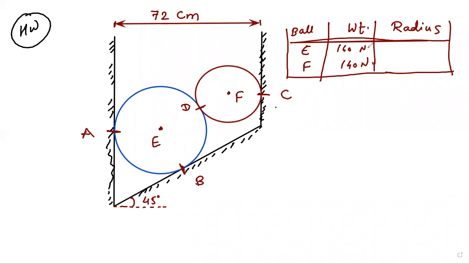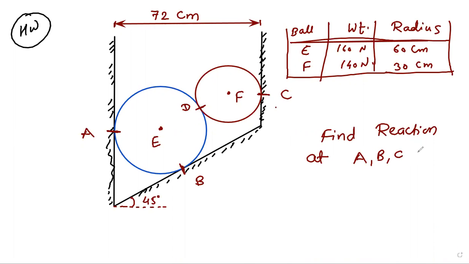The radius is 60 centimeter and 30 centimeter. Find the reaction at A, B, C, and D. Find reaction at A, B, C, and D.